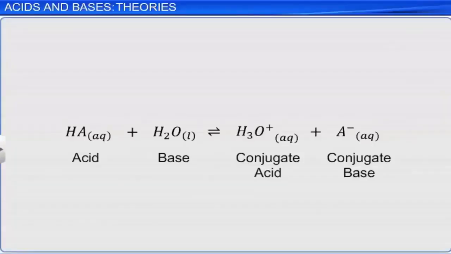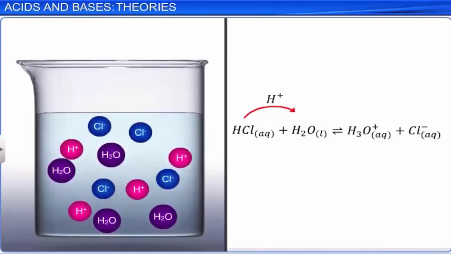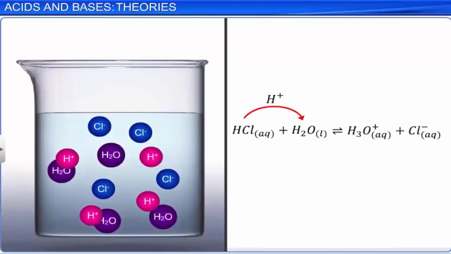In the generic example that we saw just now, H3O+ is the conjugate acid of the base H2O, and A- is the conjugate base of the acid HA. Now, in the ionization of HCl in water, HCl acts as a proton donor and water acts as a proton acceptor.